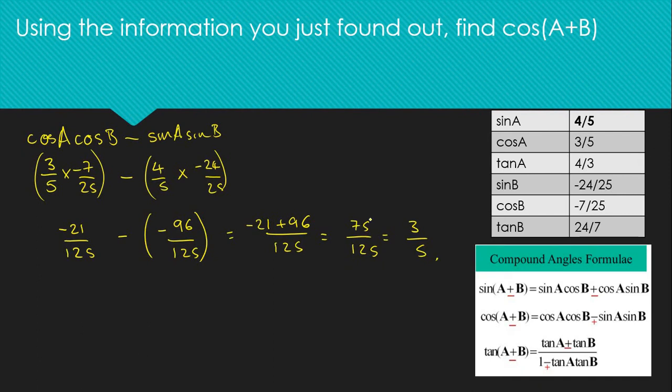Okay, pretty interesting, not overly scary. It seems pretty much okay. Hopefully we're happy enough with that. It's a bit of a strange one because it comes out as 3/5 and cos A is equal to 3/5, so for some reason this stuff equals cos A.